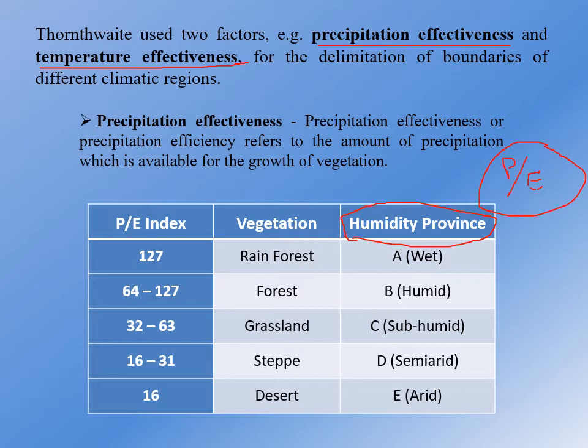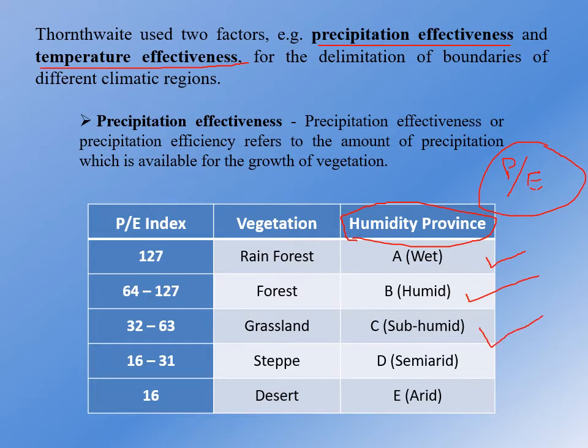That is the A, wet humid province, B is the humid province, capital C is the subhumid province, then the semi-arid province demarcated as capital D, and lastly the arid province demarcated as capital E.